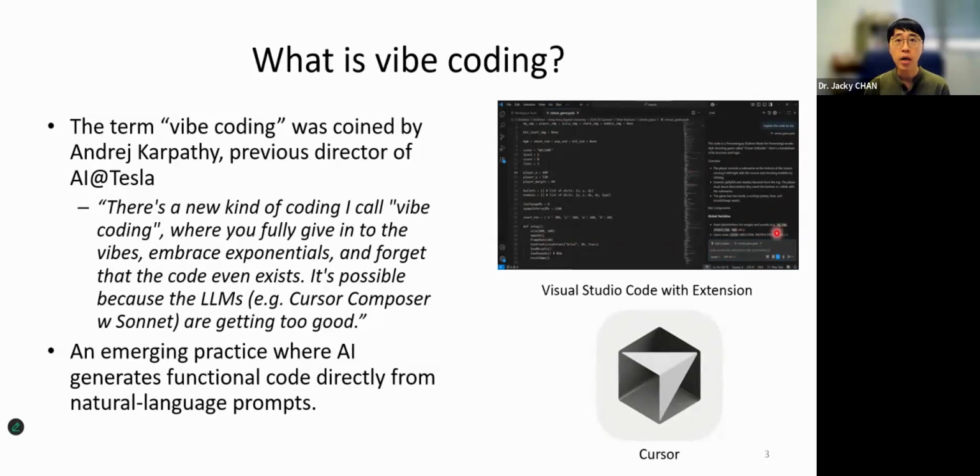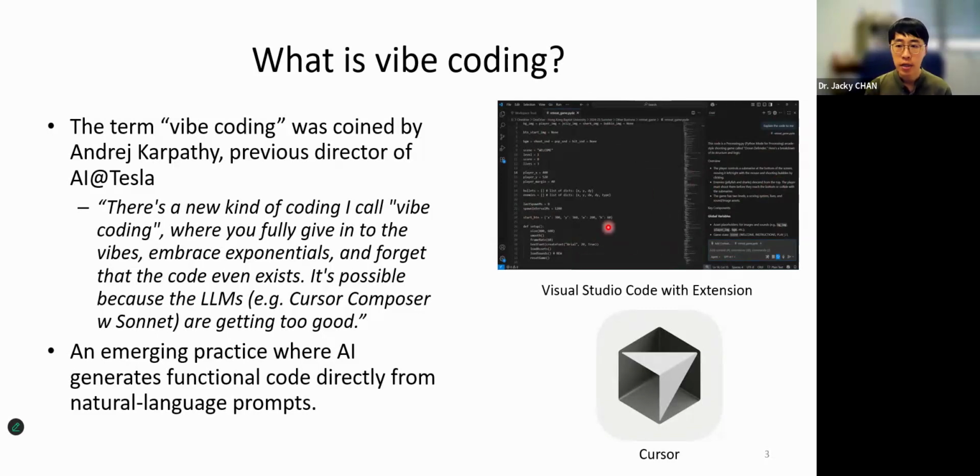Here you will describe what you want, for example, you want to have a game, or you want to fix some bugs or errors, then you can say it here. Then you will get the suggested code, and you can accept it or reject it. Then it will appear on the left-hand side, and then you run it.